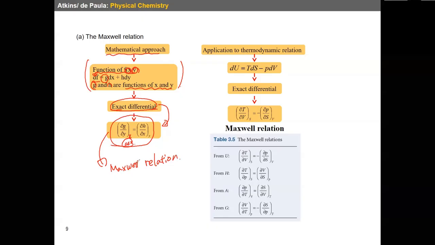Using this Maxwell relation, we will derive our thermodynamic relations.